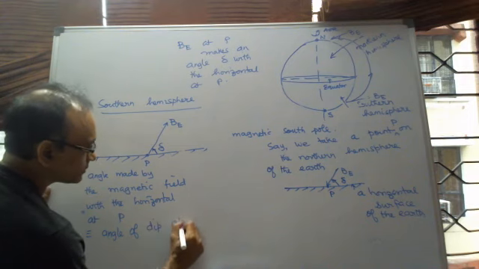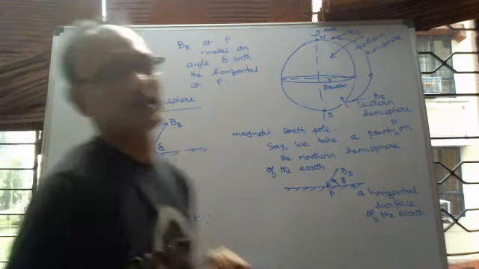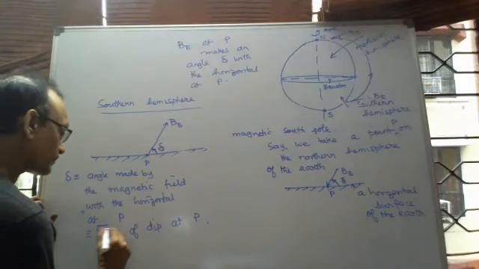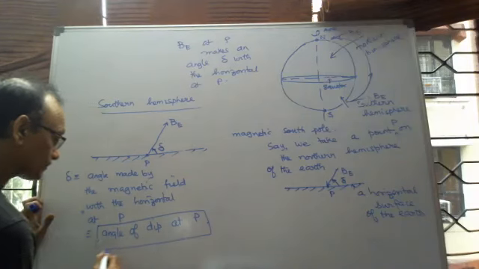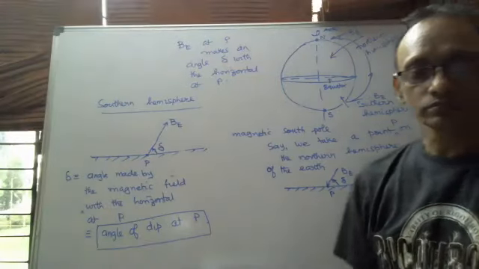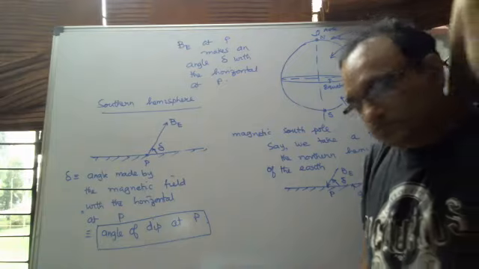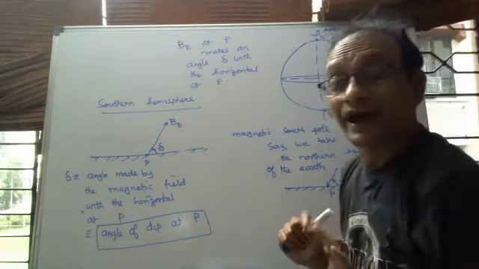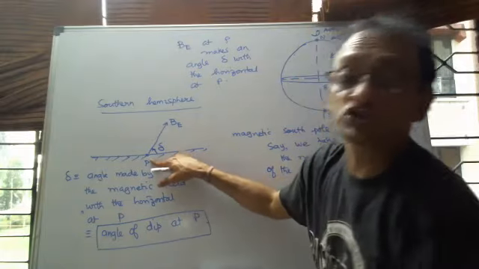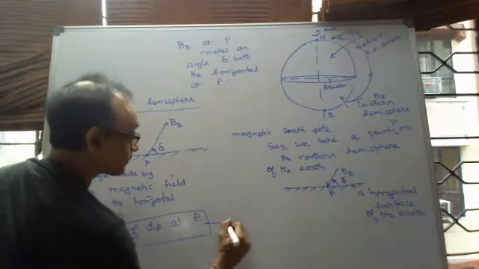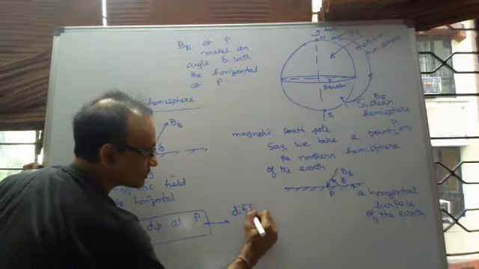Angle of dip at P. It's called the angle of dip at P. For different points on the surface of the earth, this angle will be different.